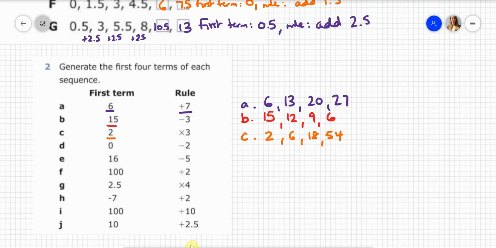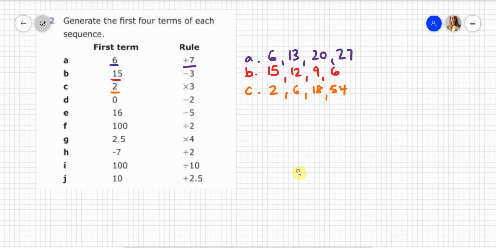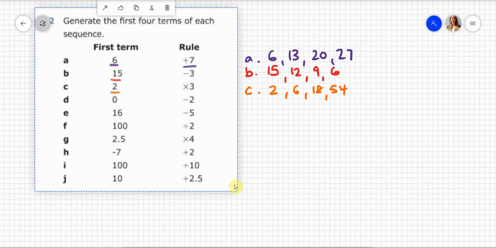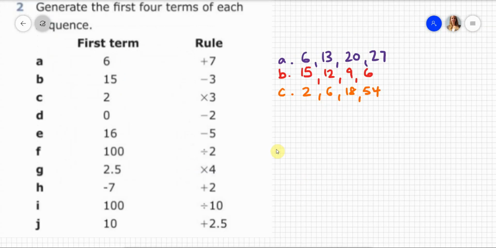Okay, part D. Actually going to see, can I make this a little bit bigger? No, I can't, for some reason. Okay, I've made that a little bit bigger so that they line up.